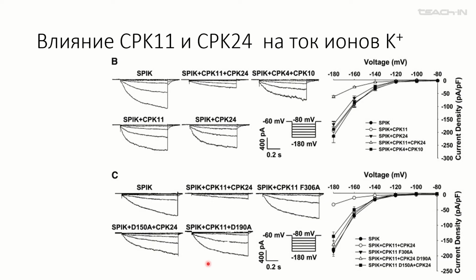Саша, что такое CPK-11 F306A? Этого я не помню. Алена, Саша, помогайте. Можете поискать. 306, по-моему, это участок, и здесь происходит смена, если не ошибаюсь, на аланин.